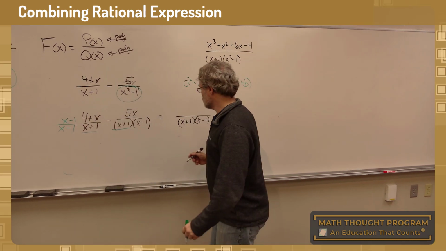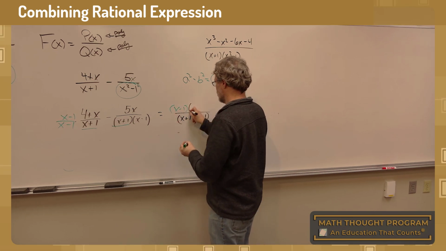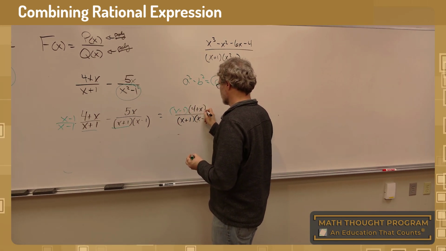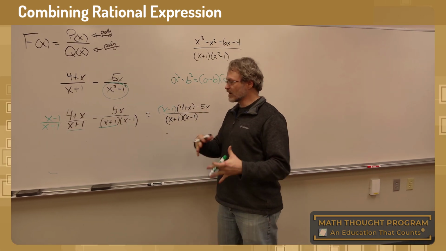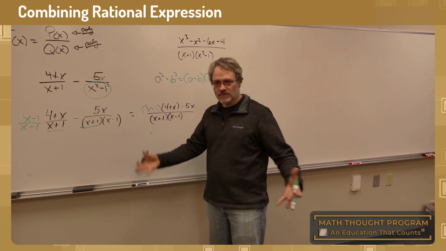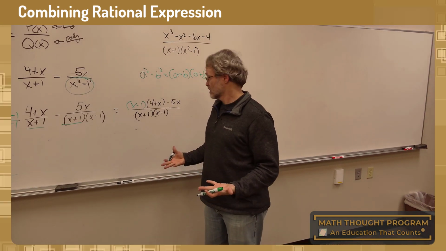Up top, I will have my x minus 1 and my 4 plus x. But it's no longer 5x times x plus 1. It's just 5x.